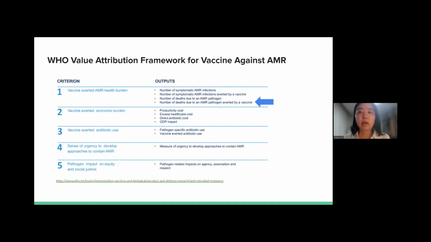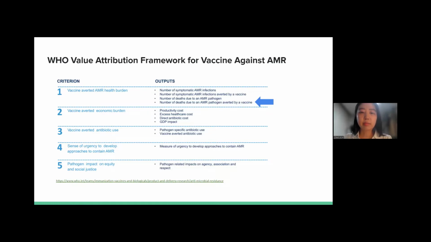The value attribution framework considers the value across 5 different criteria, including vaccine-averted AMR health burden, vaccine-averted economic burden, vaccine-averted antibiotic use, sense of urgency to develop approaches to contain AMR, and pathogen impact on equity and social justice.